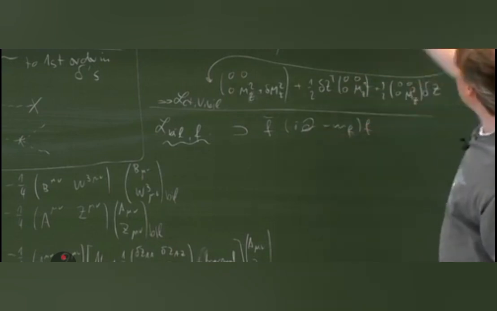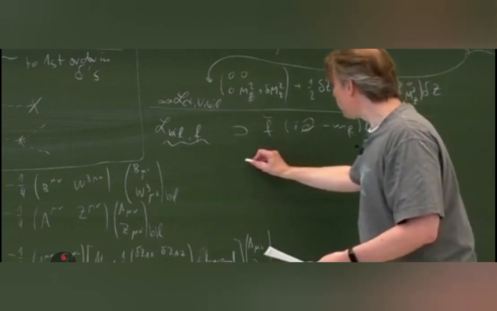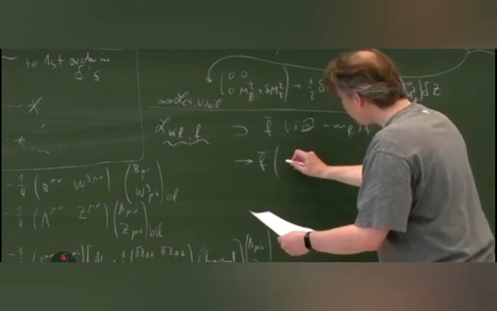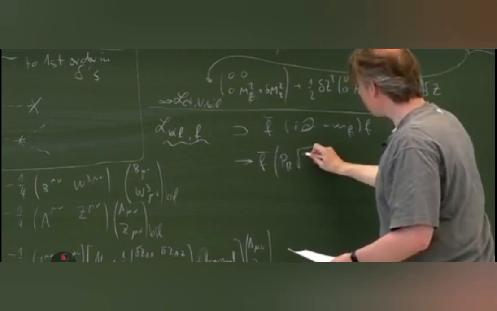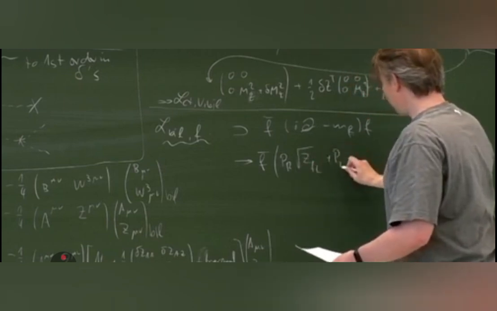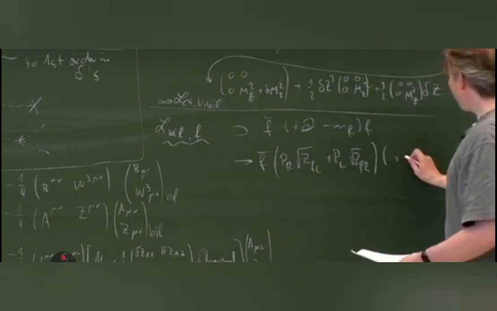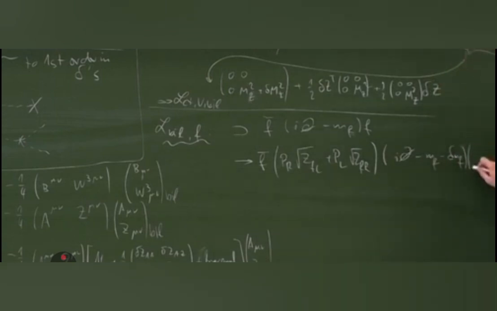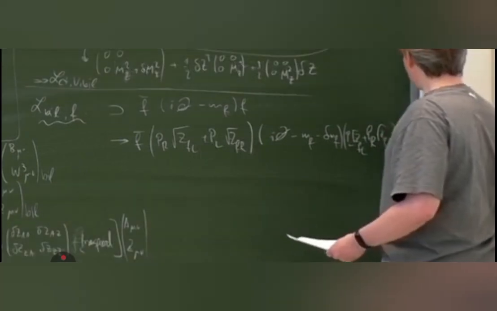However, the renormalization transformation is not as in QED because the left and right-handed fermions transform independently, and so that becomes the following: f bar times, here the bar exchanges the role of left and right, so P_R times square root of Z_FL plus P_L square root of Z_FR times i d slash minus m_f minus delta m_f, and then once again times P_L square root of Z_FL plus P_R square root of Z_FR times the fermion field.